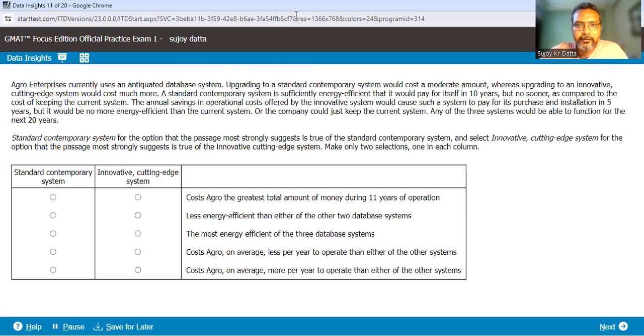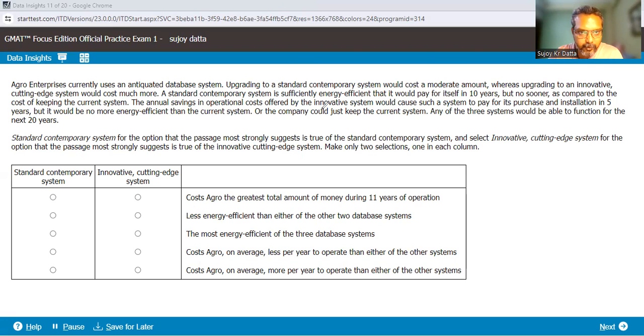Next, Agro Enterprises. All right, we have 25 minutes for 10 questions. Agro currently uses an antiquated database system. Upgrading to a standard system costs a modest amount, whereas upgrading to an innovative cutting edge system costs more. The standard system is sufficiently energy efficient that it would pay for itself in 10 years, but no sooner, as compared to the cost of keeping the current system.